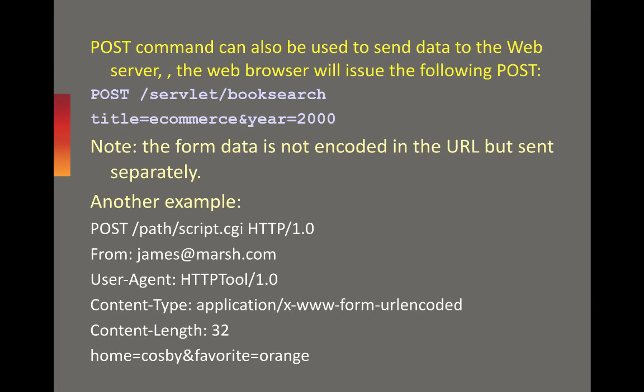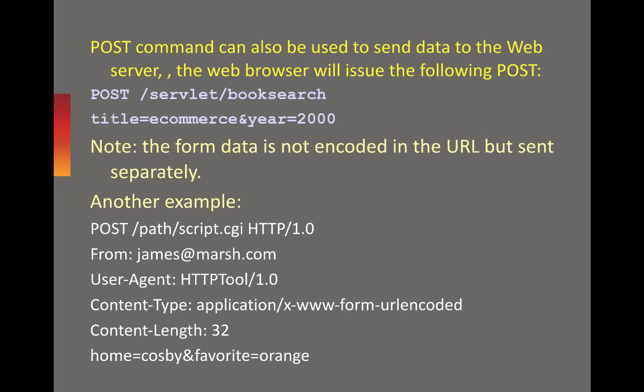But in a POST request, there are multiple messages. So the first message is POST /servlet/booksearch. That's the first message. And then subsequent messages contain the name value pairs, like title equals e-commerce and year equals 2000. So the difference is that in the GET command there is just one message, which has everything.